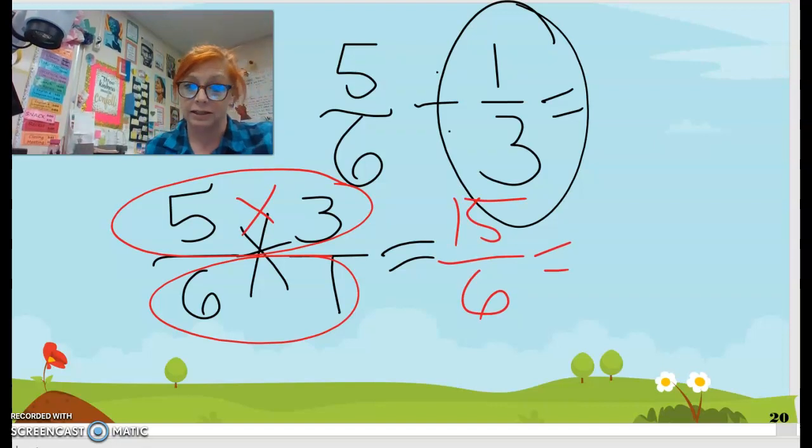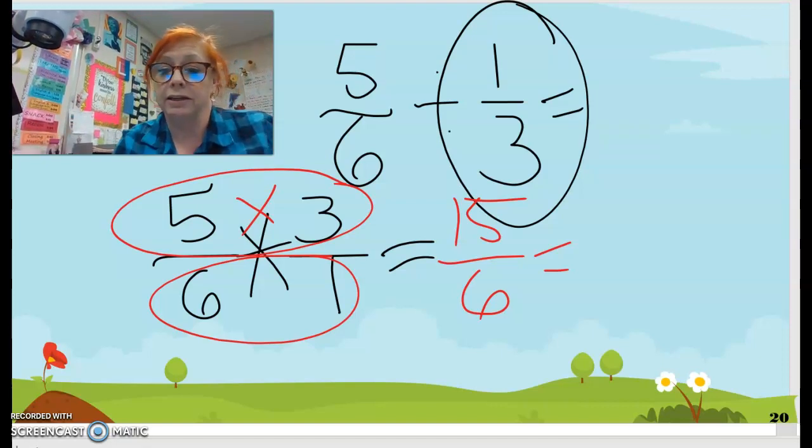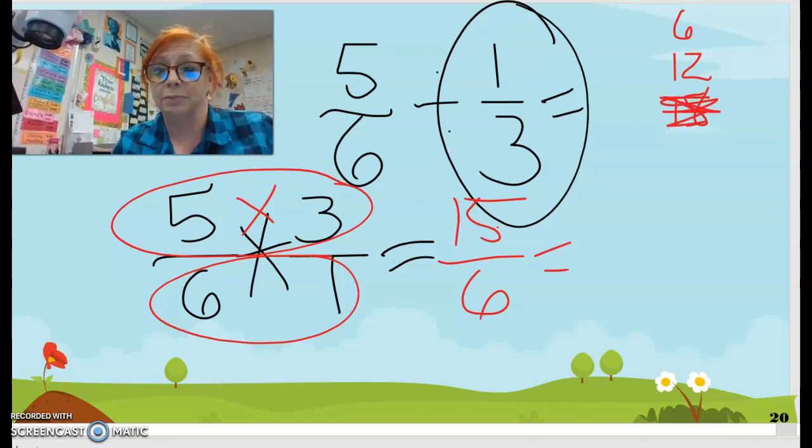Now, this one does need to be made back into a mixed number. There's a couple ways to do this. You can think of your sixes. How many sixes will go into 15? Well, if I count by 6, I know that 6, 12, 18. 18 is too big. So the biggest one that I can make is 12.